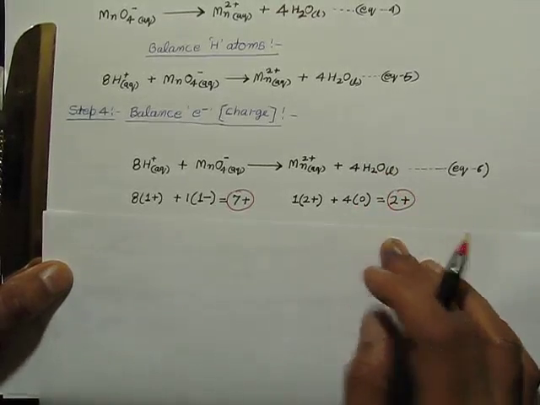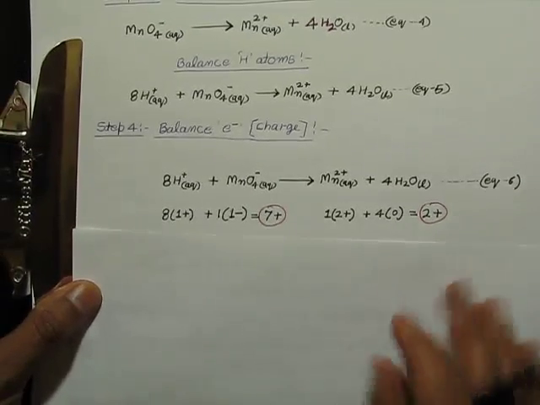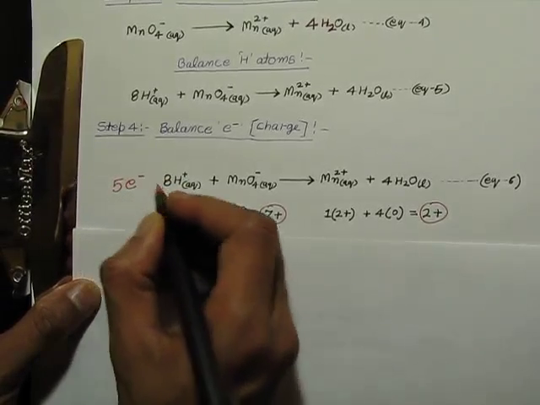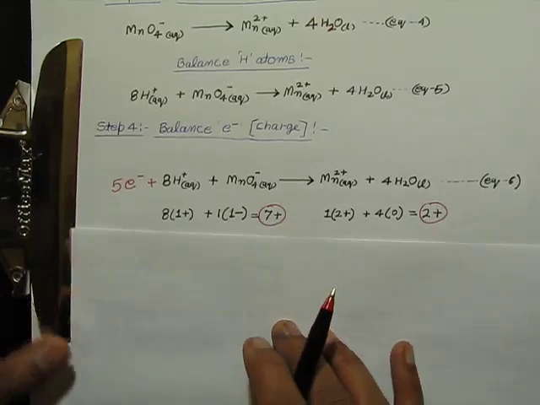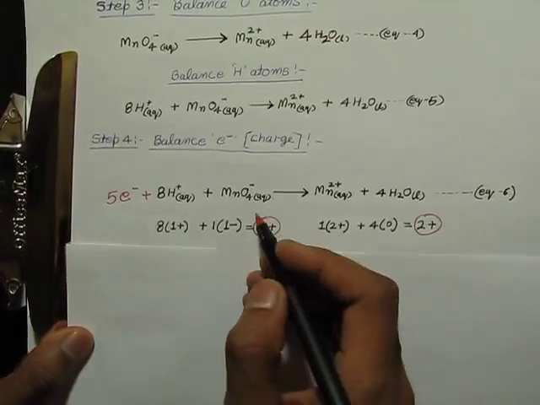So what we have to do, we have to add 5 electrons on the reactant side to balance this charge, and you can also confirm through the oxidation state.